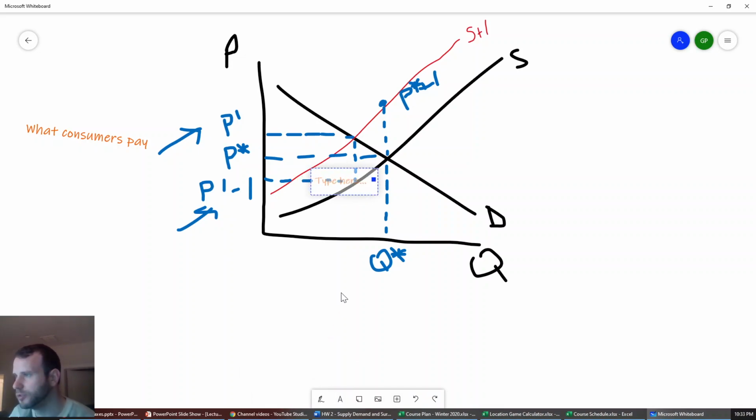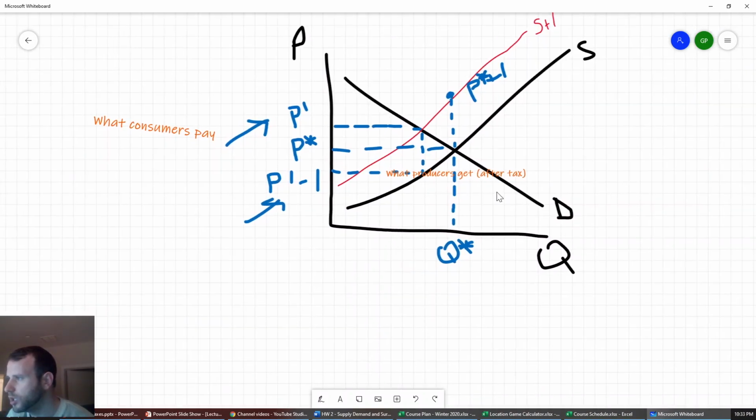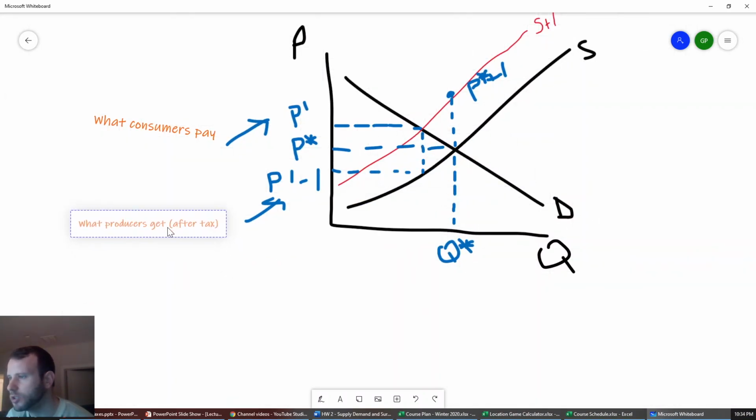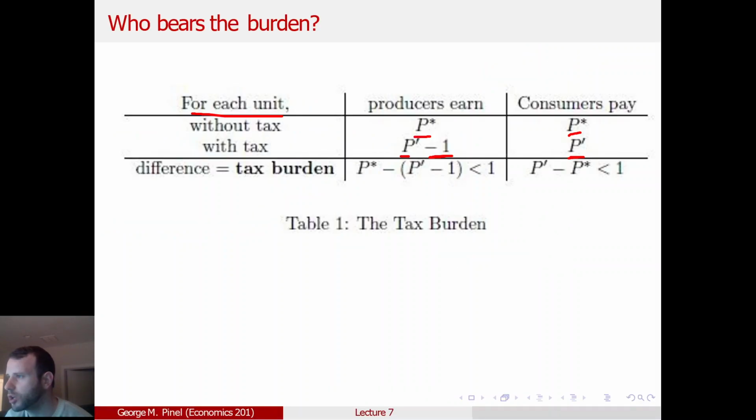That's what the producers get per good after the tax. They pay the tax of $1 and they charge P prime, so they get P prime minus 1. So that's where these numbers are coming from, right?